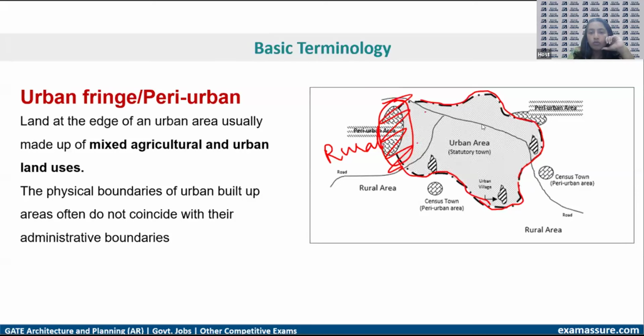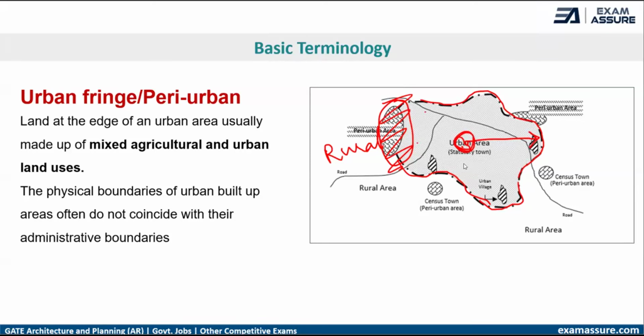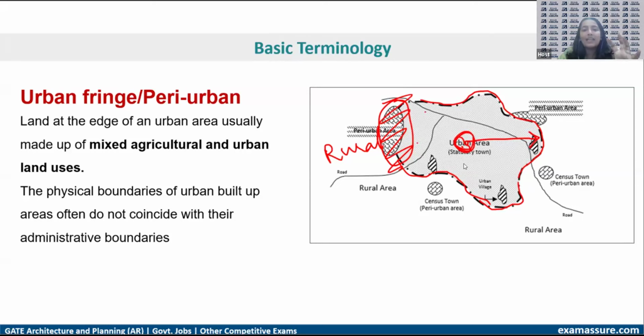Now, as you move away from the city center towards the periphery, what do you see? There is still some development happening. It's not completely urbanized. Some areas are agriculture based, correct? So that transition where you see a mix of urban areas plus agricultural use is urban fringe or peri-urban areas.